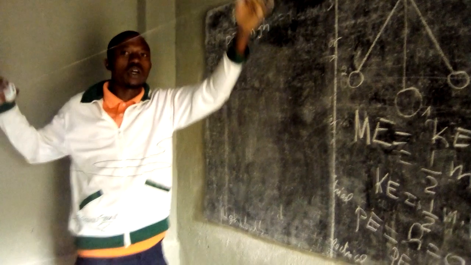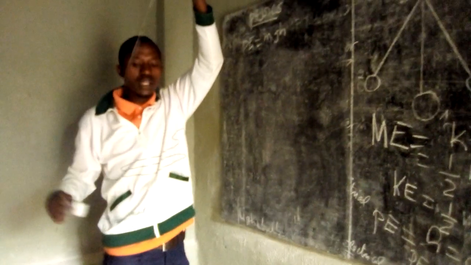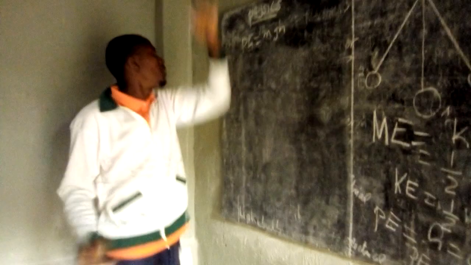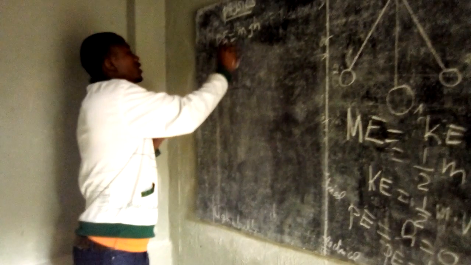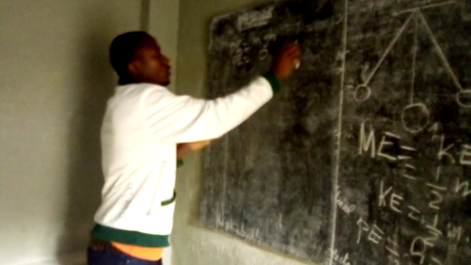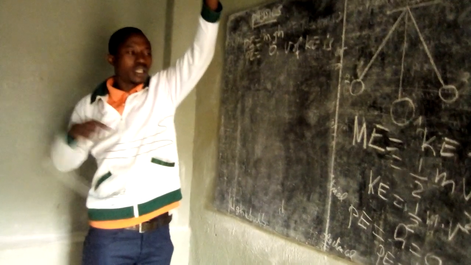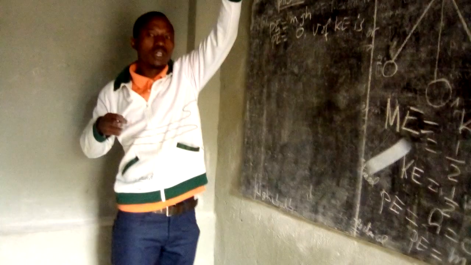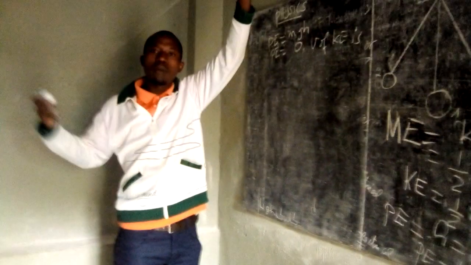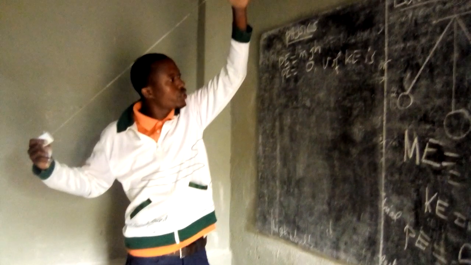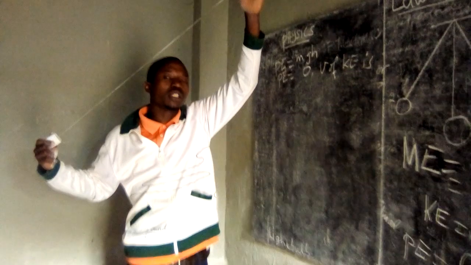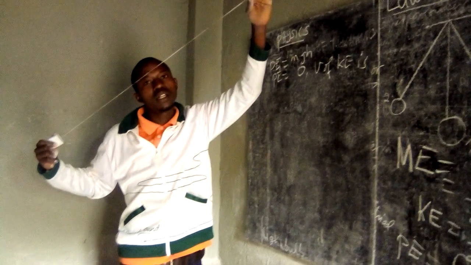When it reaches this position, the potential energy equals 0, and the kinetic energy is considered. When it moves from this position up and then back, this is the mechanical energy. When the bob is at the highest position, the potential energy is considered but the kinetic energy is not.